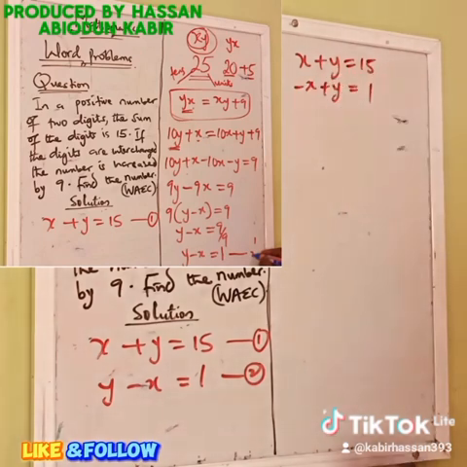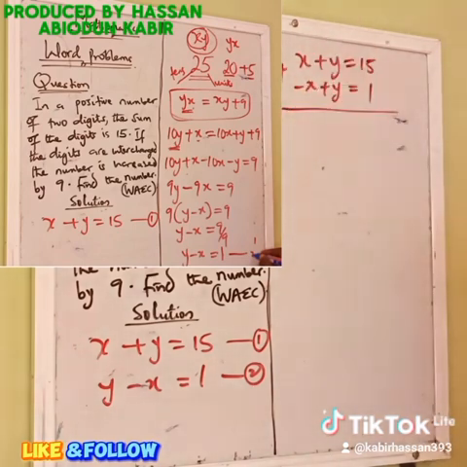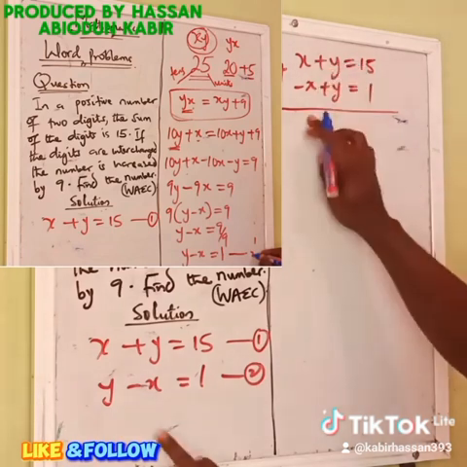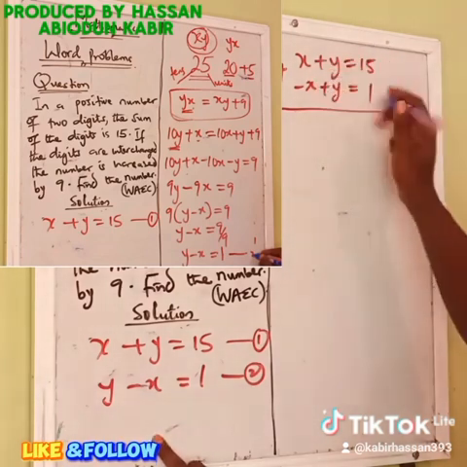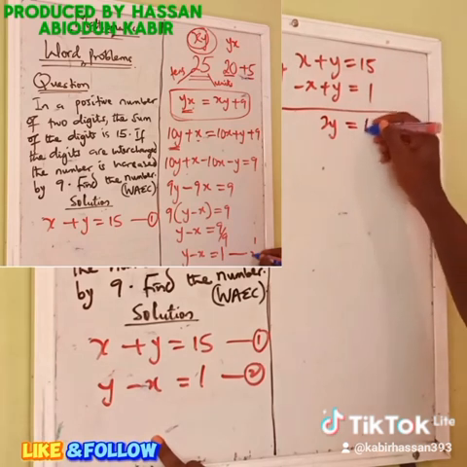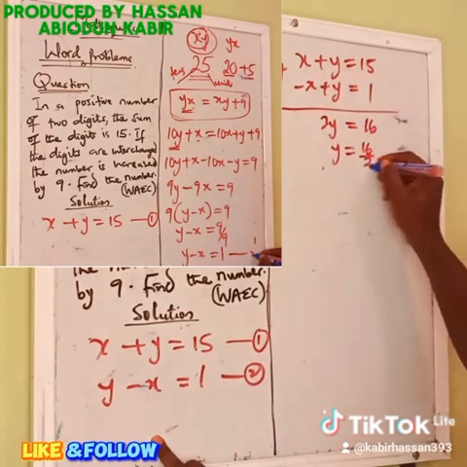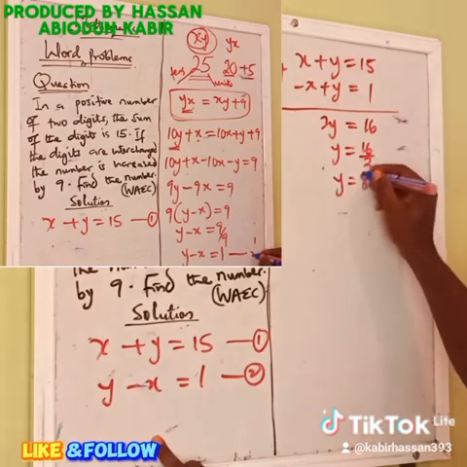Now if we add the two equations together, we'll be able to eliminate the x. So x plus minus x gives us 0, y plus y gives us 2y, and 15 plus 1 gives us 16. Then y will be 16 divided by 2, and y gives us 8.